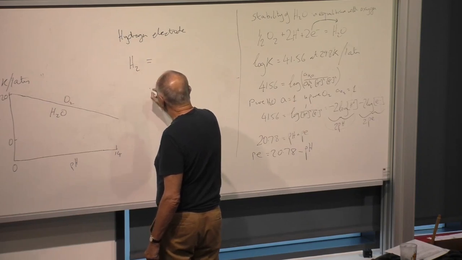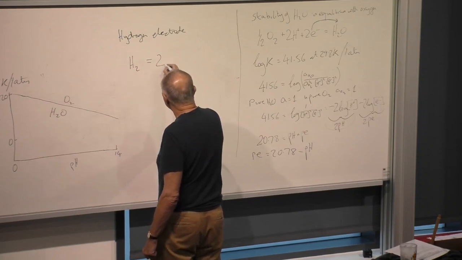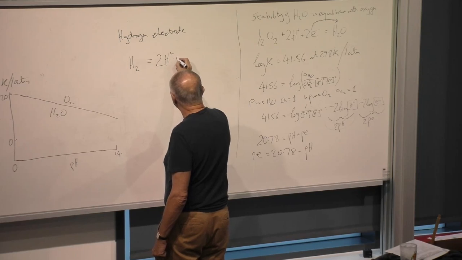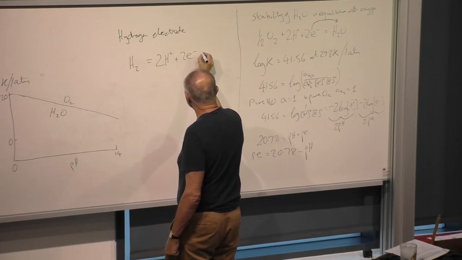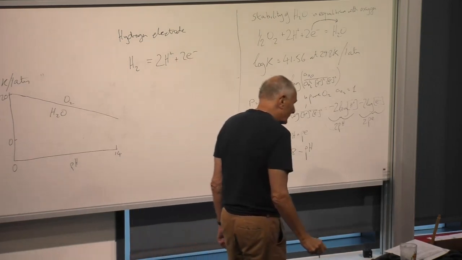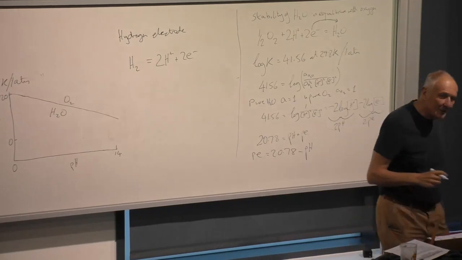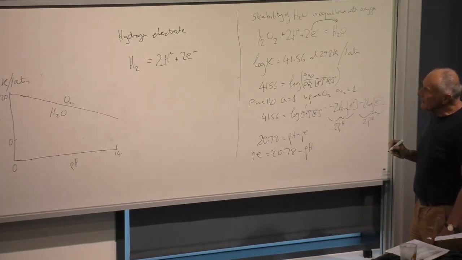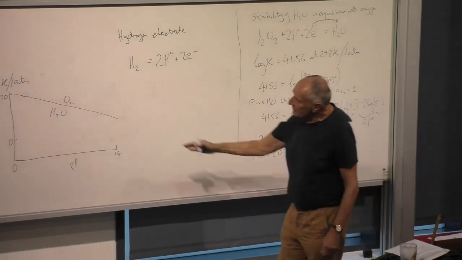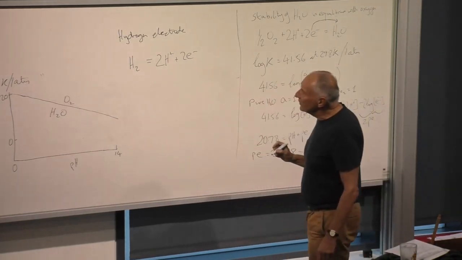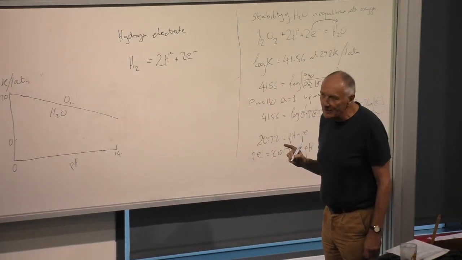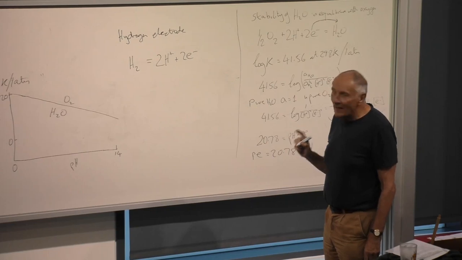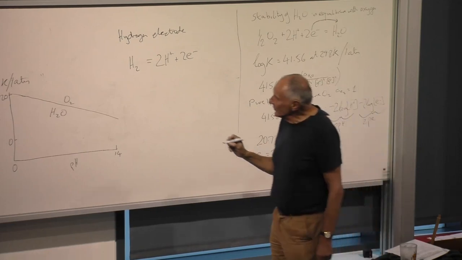And that's simple. H2 equals 2H+ plus 2e-. Okay, charge balance and mass balanced. And at 1 atmosphere of hydrogen, we're going to be much more reducing down here. And the log K of that reaction is given a value 0 by convention.